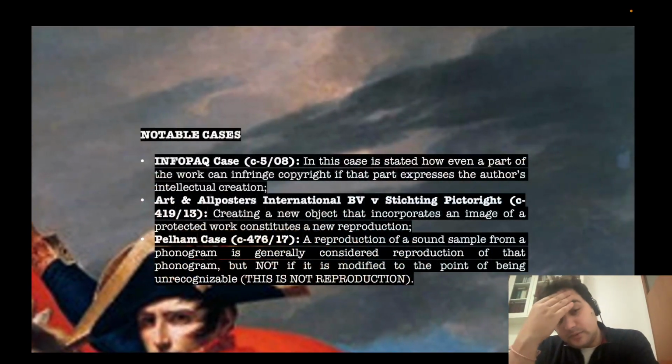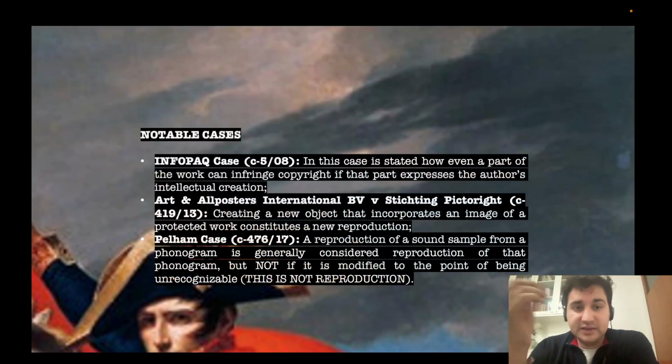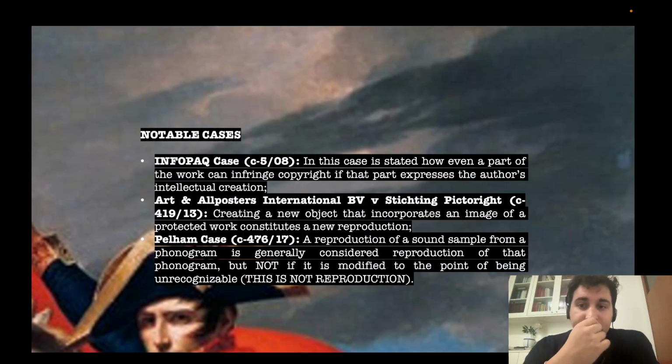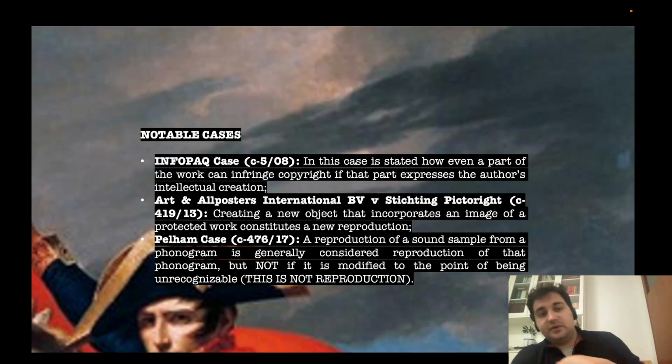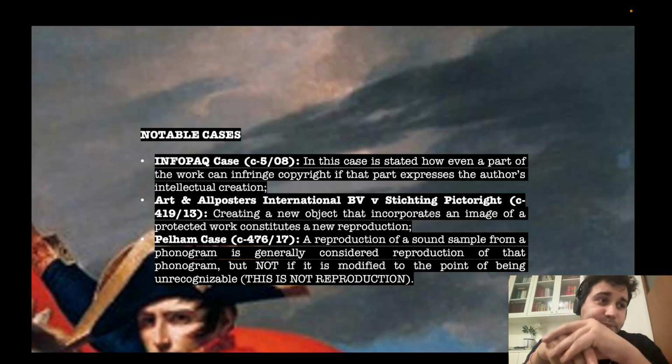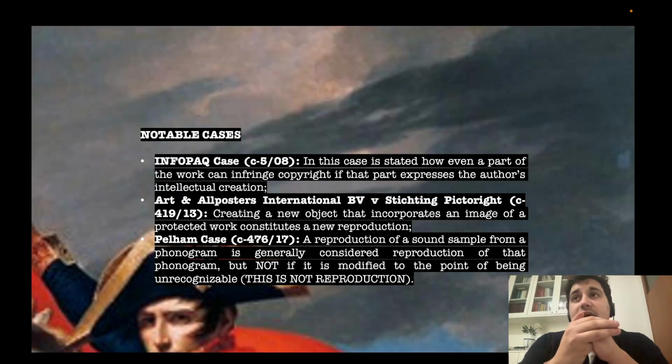Notable cases are the one of Infopaq, that is C-5/08, from 2009, in which, as we've seen before, Infopaq mentions the expression of the author's own intellectual creation.